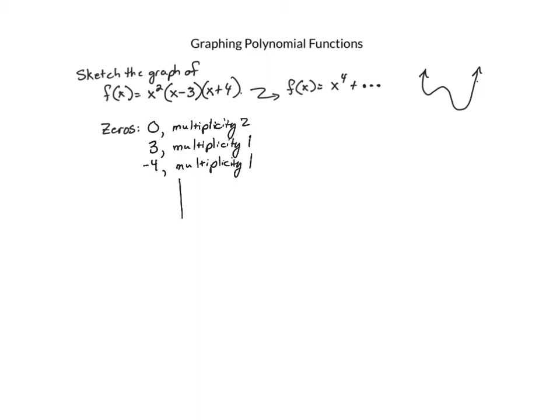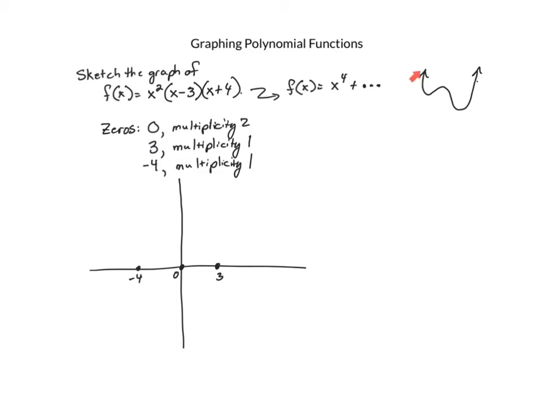So let's draw our graph. We'll put our zeros on the graph. We have 0, 3, and -4. And our end behavior comes from this.